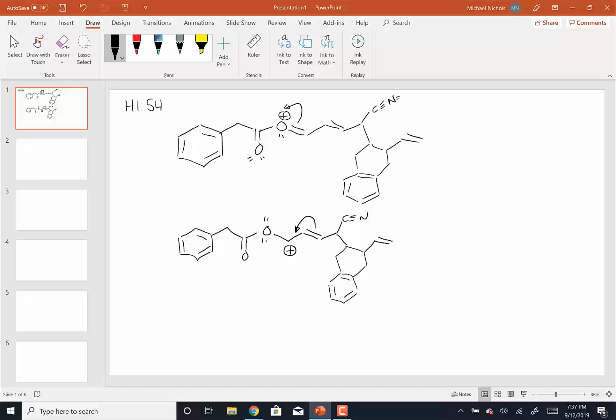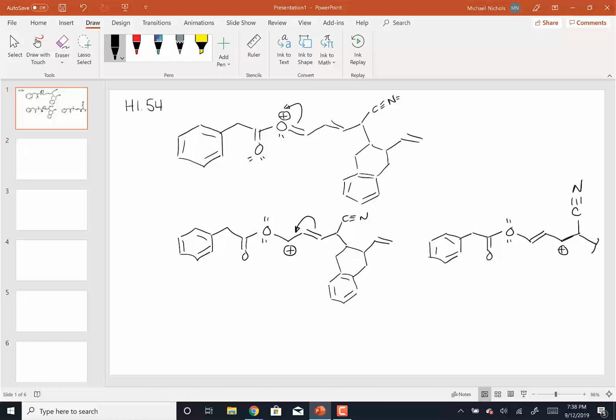And so if I do that, then I'm going to end up with this, and then this will be where the ring is, but I don't need it right at the moment. So now can I move any pairs of electrons towards that positive charge to create a double bond?